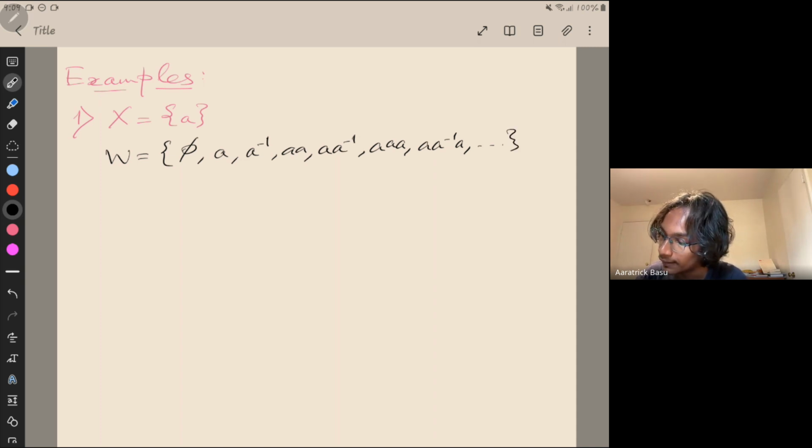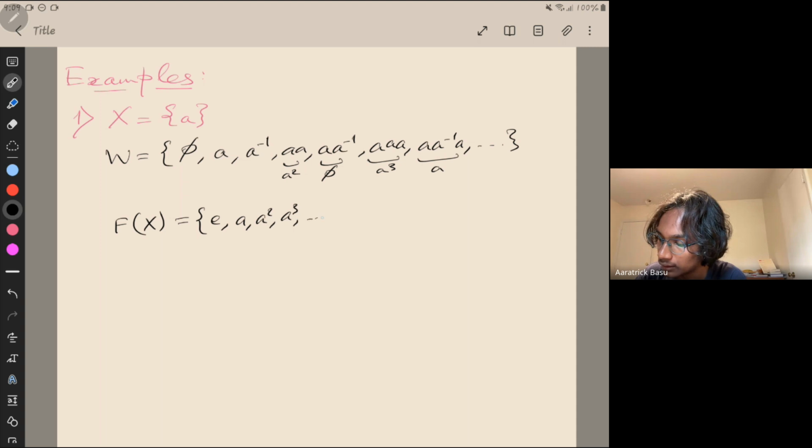Now, when you collapse, for example, this word becomes A cubed, this word becomes A squared, this word is again the empty word, this word is again A, and so on, right? If you think about it for a little bit, it should not be too hard to see that F of X is something like E, A, A squared, A cubed, and so on, and then A inverse, A inverse squared, A inverse cubed, and so on.